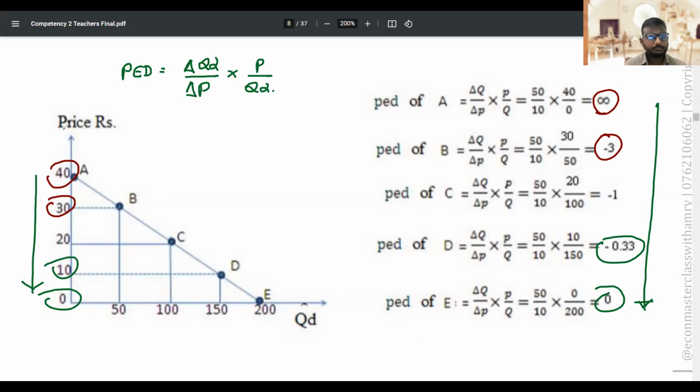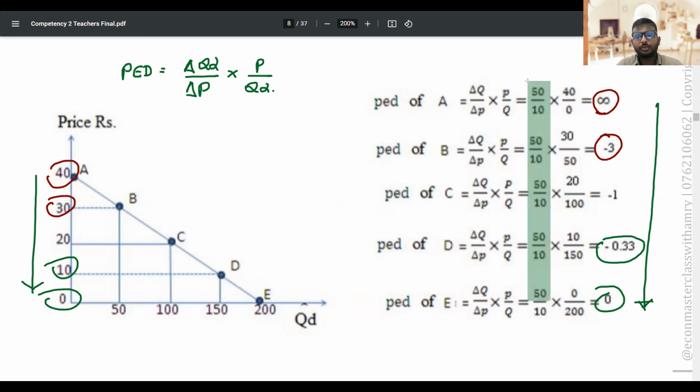Now, if you draw a graph simply like this and measure PED at every point, A, B, C, D, E, one thing is constant: the slope, change in QD over change in price.